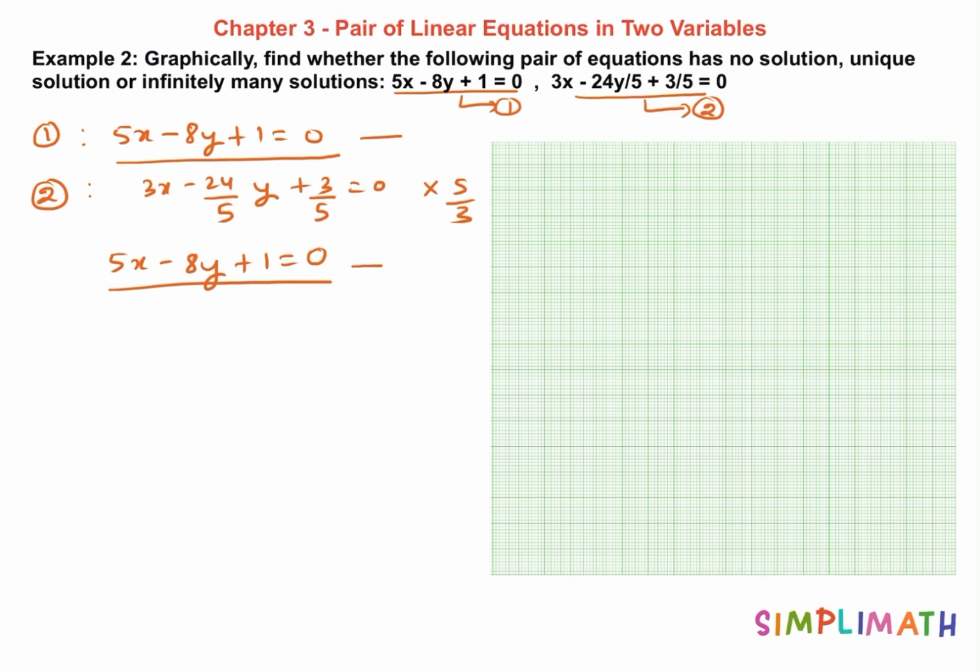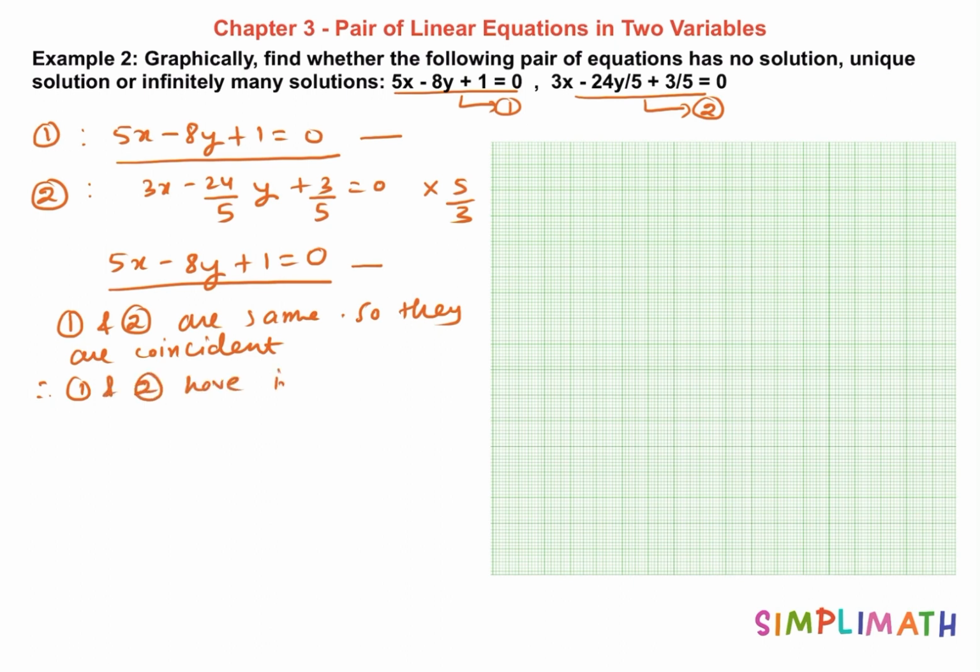So now let us come. We know that both of these are same, so I can say equation 1 and equation 2 are same, so they are coincident. Therefore I can say 1 and 2 have infinitely many solutions, right? And when we plot, let's plot the points for equation 1 and 2.